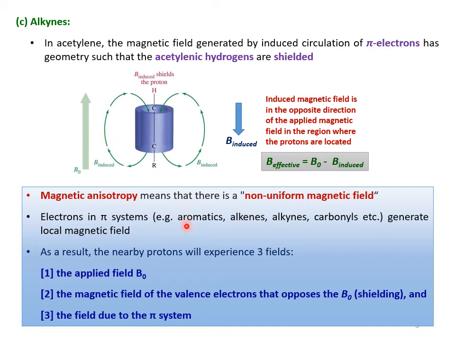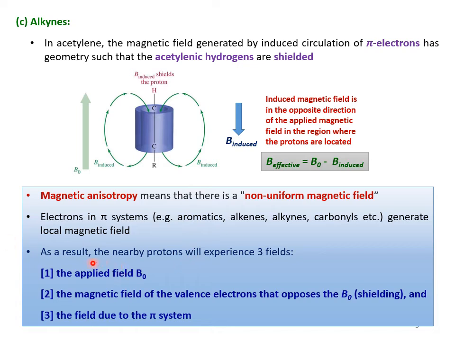For example, in the case of aromatic protons, alkenes, and aldehydic protons. If the proton is present in the region where the induced magnetic field opposes the external magnetic field, such a proton is said to be shielded, since it experiences a lesser magnetic field, because B effective is equal to B naught minus B induced. As a result, such a proton will show lower delta values.